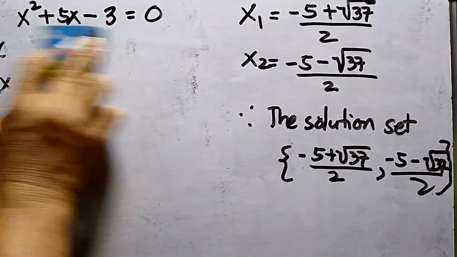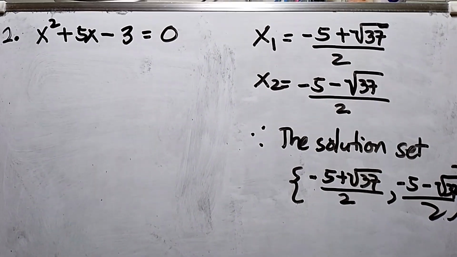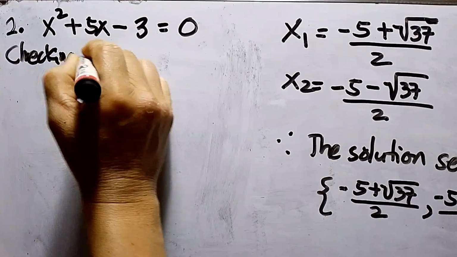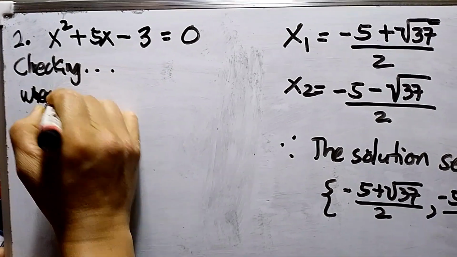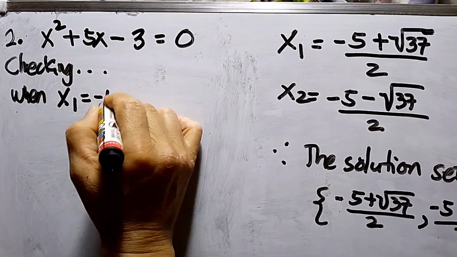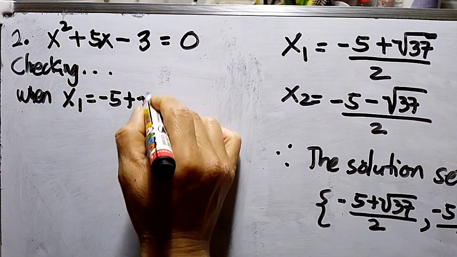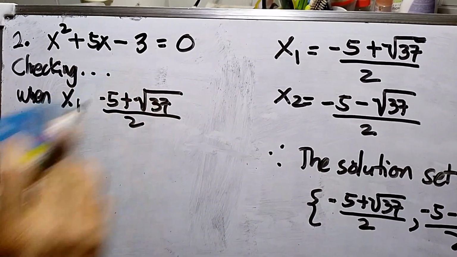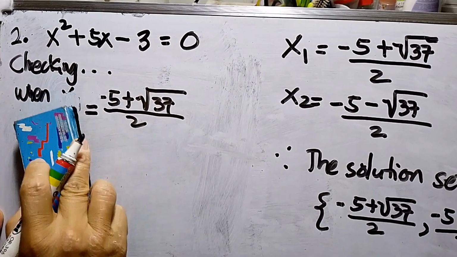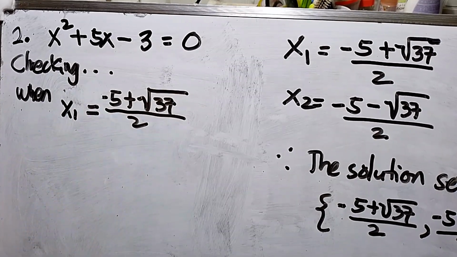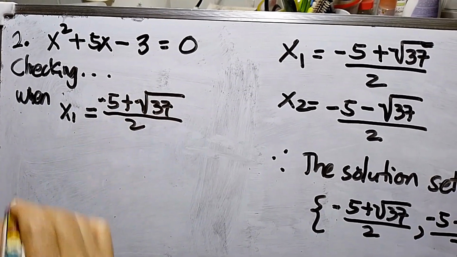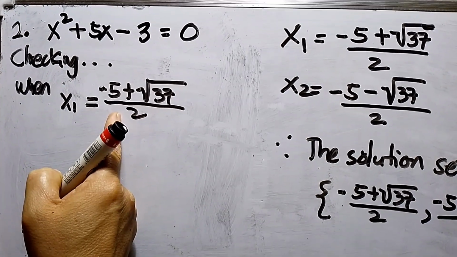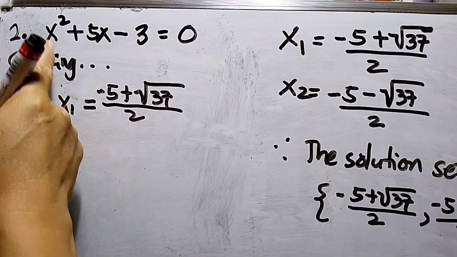So I will go back to the given quadratic equation. So this is checking. When x1 is equal to negative 5 plus square root of 37 over 2, I will substitute negative 5 plus square root of 37 over 2 to the variable x.